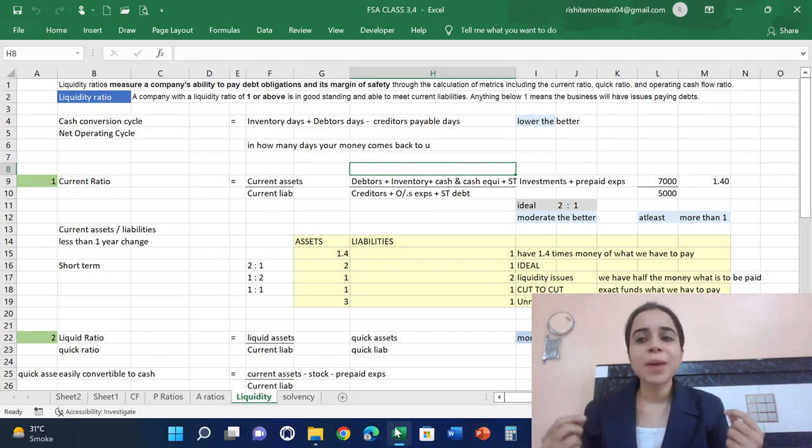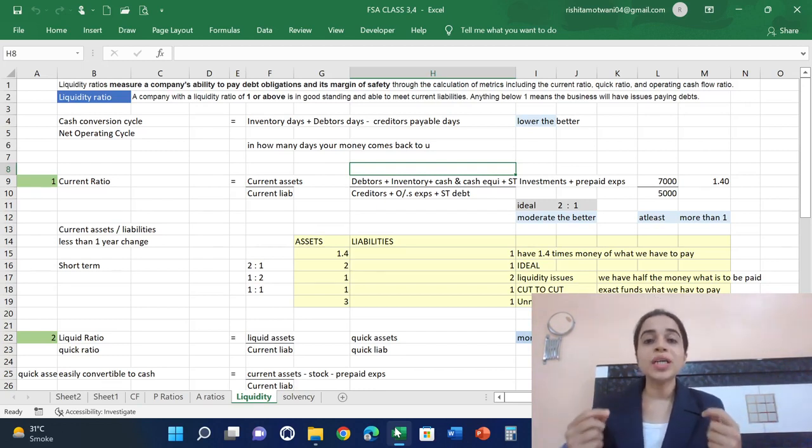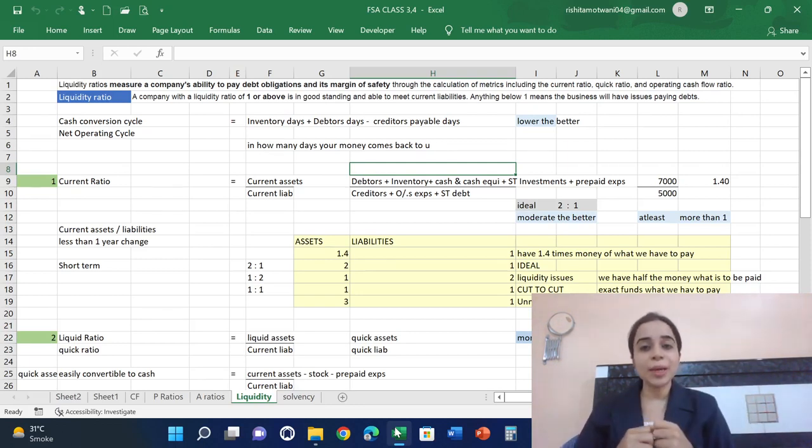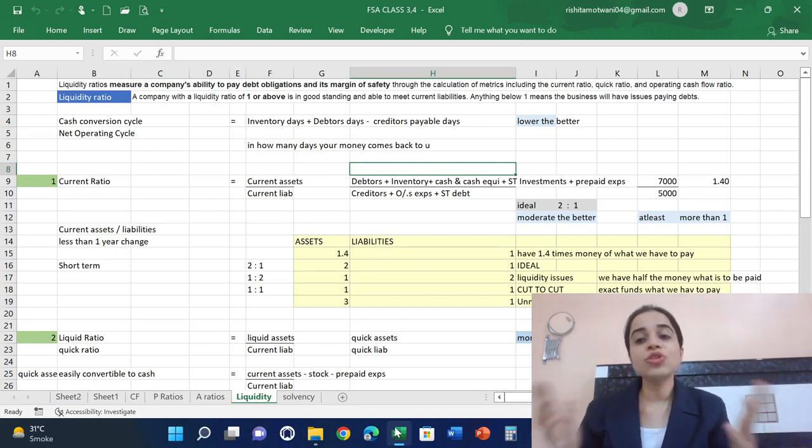What do you mean by a liquidity ratio? A liquidity ratio shows the company's ability to repay its short-term debt. Basically, it is the safety margin kept by the company while it has to repay its short-term current liabilities. And how do we calculate that?